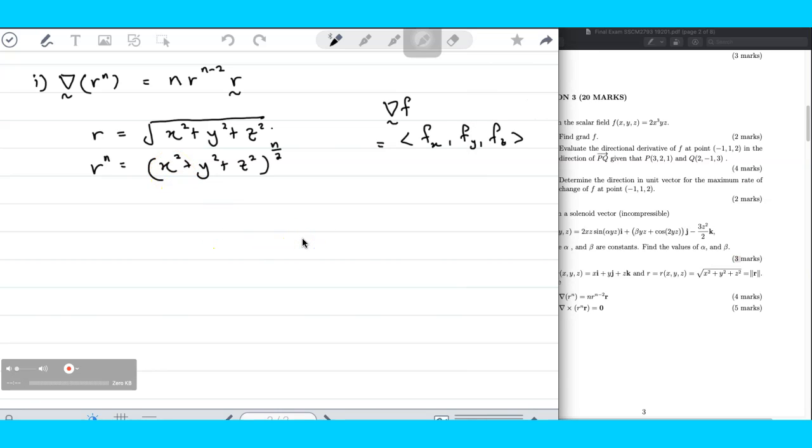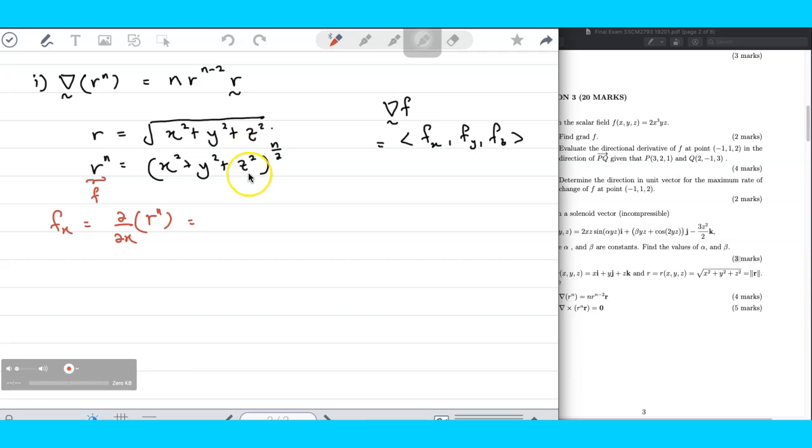Let's call this f. So for fx, you differentiate r to the n with respect to x.